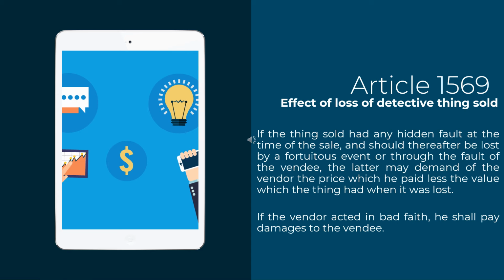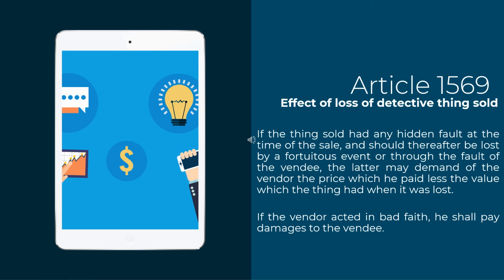However, the vendor is still obliged to return the price paid by the vendee, but less the value of the thing at the time of its loss, in case hidden defects existed. In other words, in this article, the vendor is still made liable for his warranty. So, the vendor cannot escape his warranty. He is still liable and responsible for any damages or unexpected hidden defects.